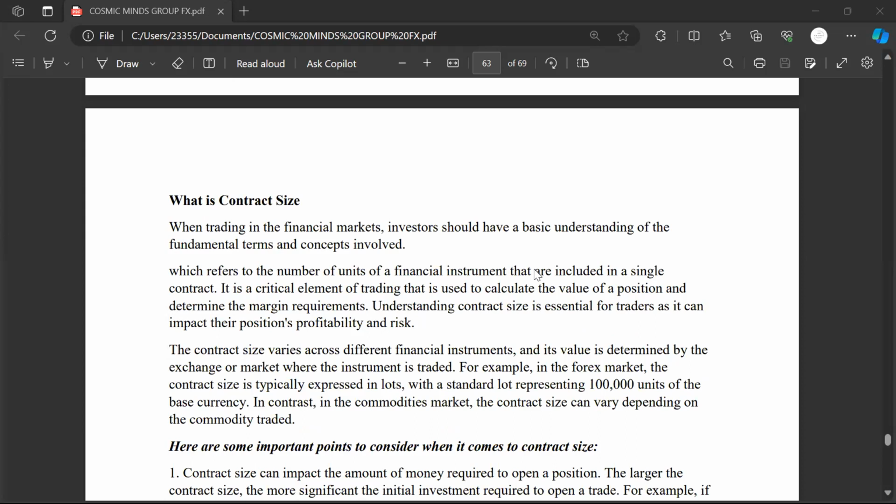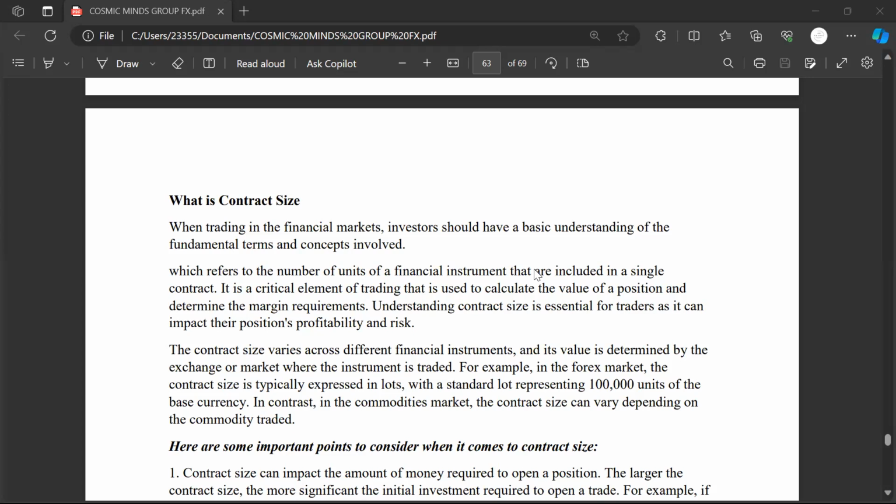So with this idea, I told you that many a time, the contract size can interchangeably be used with lot size, unless you want to be more specific in other fashion, like the futures, options, and the stocks, right? So let's throw more light on this.